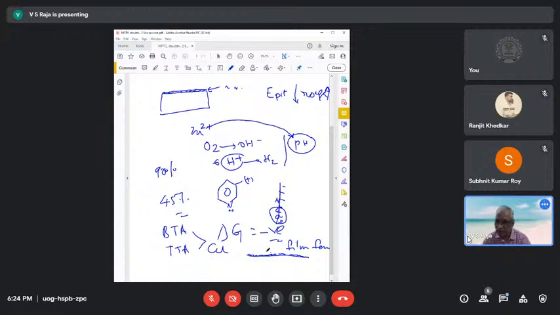So the mechanism of corrosion inhibition depends upon the molecule, depends upon the metal, and of course, it also depends upon the environment. But unless we understand them in more detail, we cannot synthesize or use them properly.